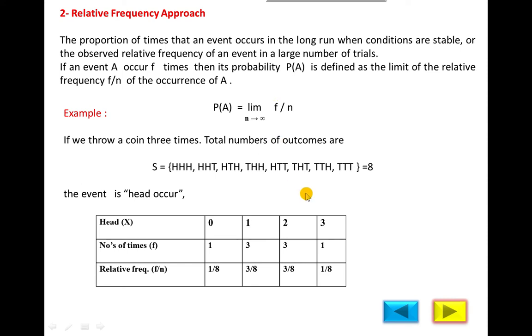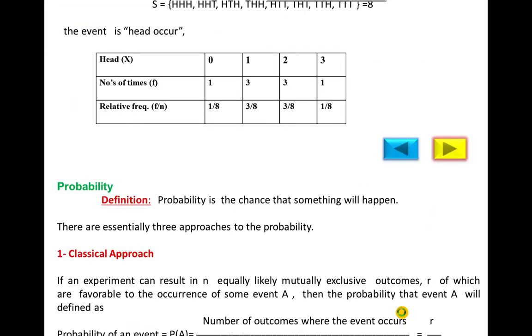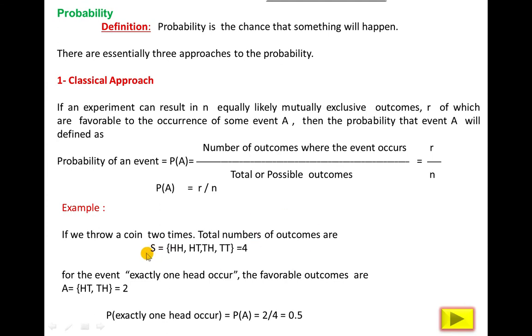And the next approach is the axiomatic approach. The axiomatic approach is the combination of the first and second. You know that in the previous example, the result of probability is a numerical value, and probability lies between 0 and 1 always, cannot be more than 1 and less than 0, cannot be negative.